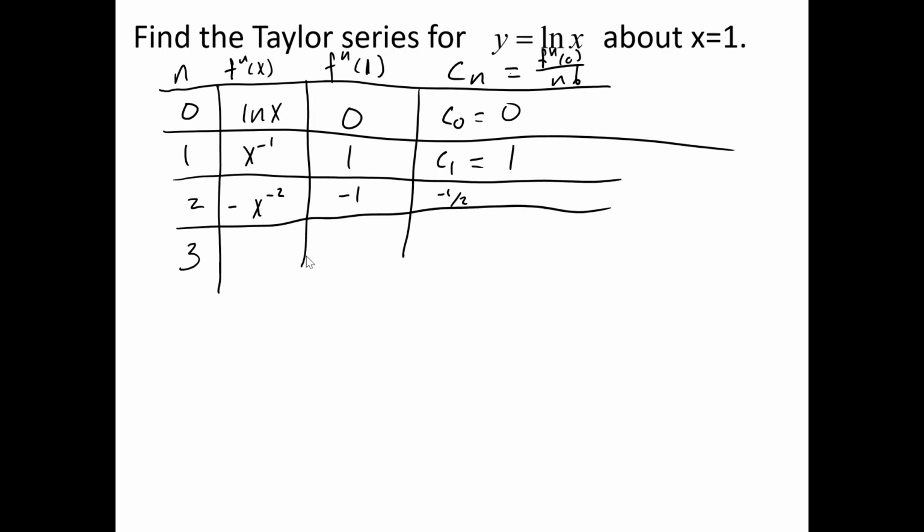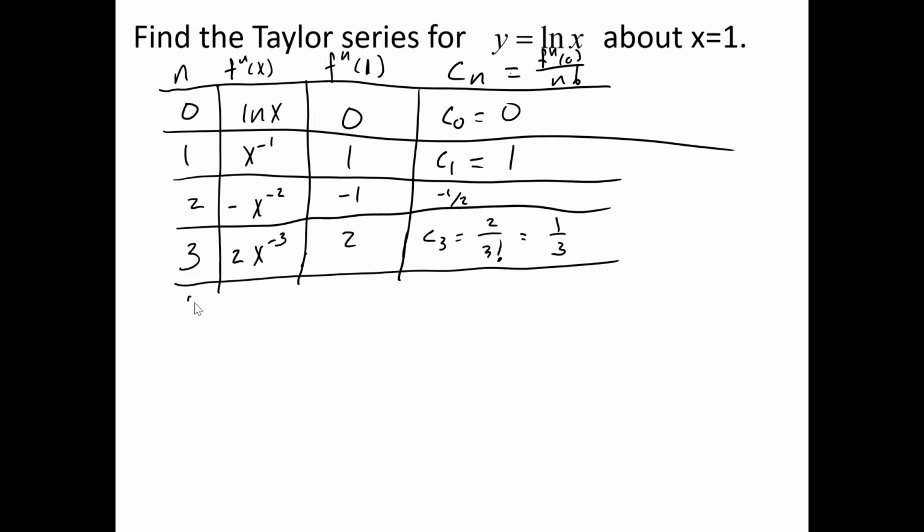When n is 3, bring down the exponent, you get a positive 2, x to the negative 3. Plug in the 1, you get 2. So then your C3 is 2 divided by 3 factorial, which is 1/3. 2 over 6, 1/3.